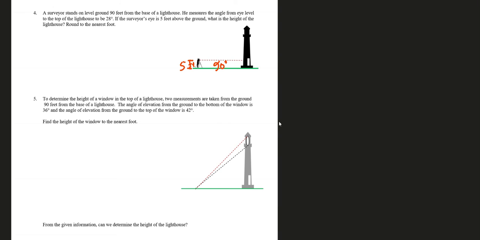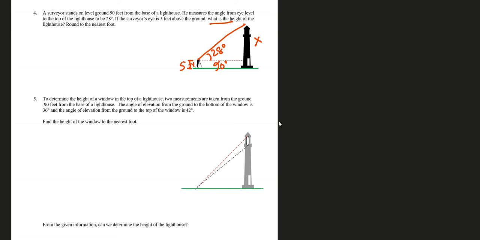And this dotted horizontal line creates an angle to the top of the lighthouse of 28 degrees. We have to find the height x, or we can also write h. So what is the height of the lighthouse?